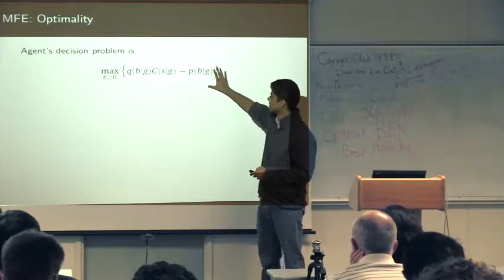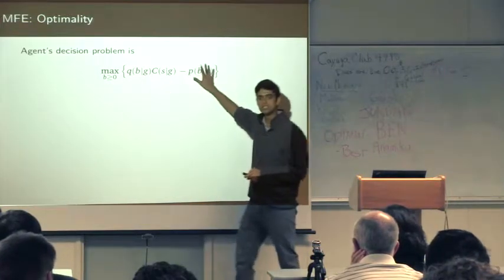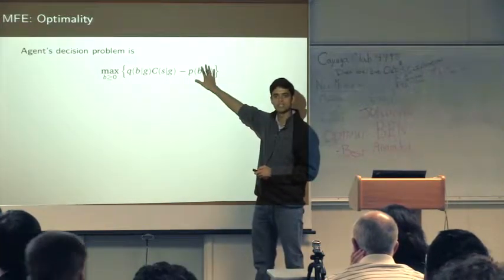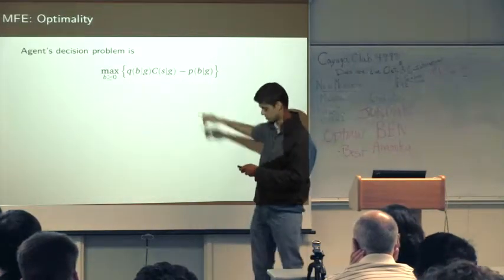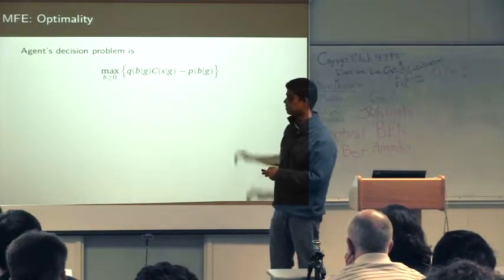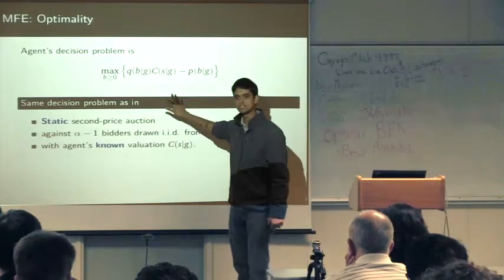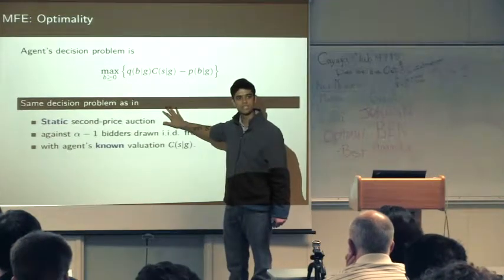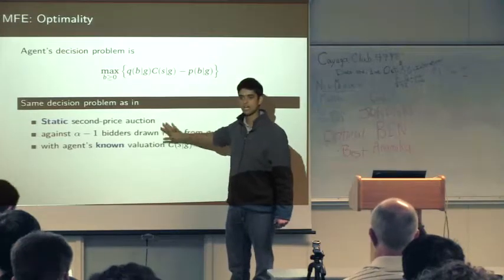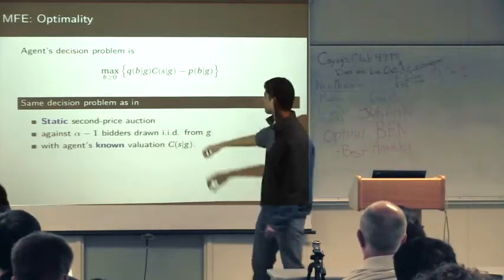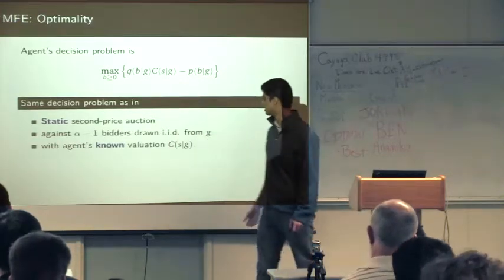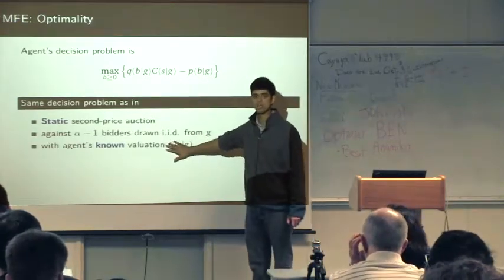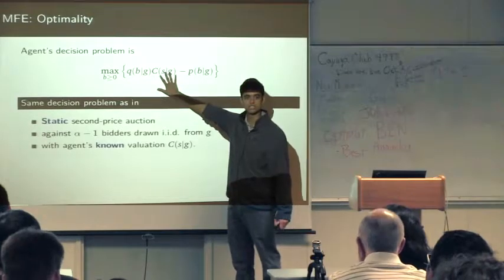The thing to note here is that these quantities QBG and PBG come from a second price auction where the bid distribution is fixed as G. What this means is that the agent's decision problem is the same as the agent's decision problem in a static second price auction, where the alpha minus 1 competitors' bids are drawn from G, and the agent themselves has a known valuation CSG.